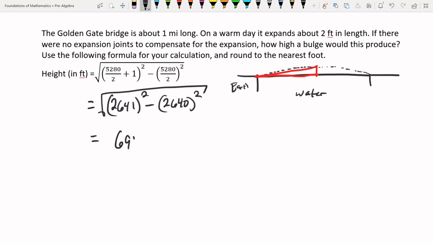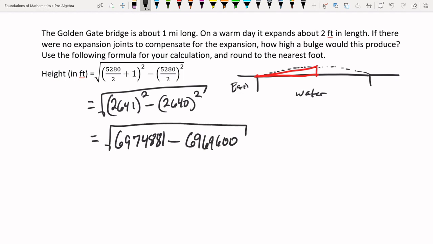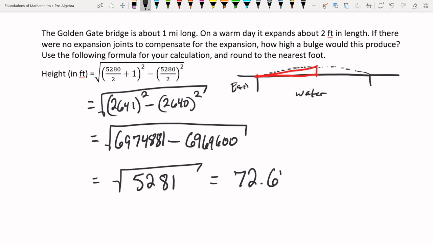I get 6974881 minus 2969600. Doing that subtraction gives us 5281. And we get 72.67, and this is going to be in feet.